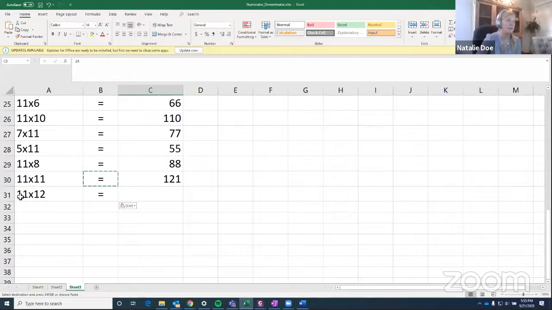So same thing if I was going to try and do 11 times 12. While I'm learning, if I know that 11 times 11 is 121, I just need one more 11 to get up to this one. So I can add 121 plus 11. So what's that going to be?